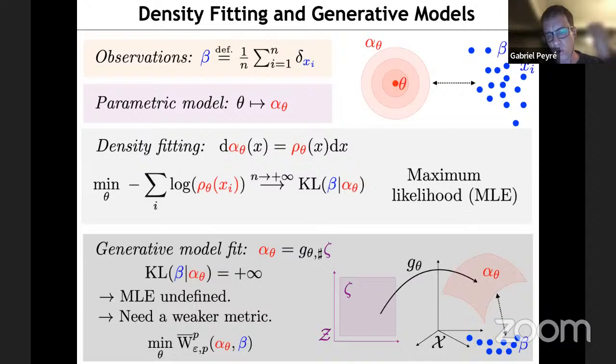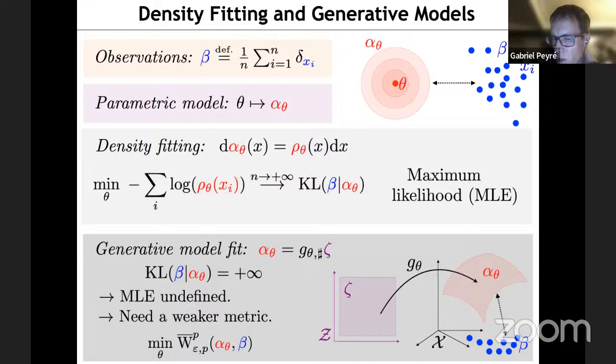And a typical scenario where this hypothesis will fail is in generative modeling. What is generative modeling? It's something very old, but there is a renewal in this idea: you might not want to write explicitly the expression for rho, the density of alpha, but you might want to model your problem simply using an algorithm. And how does this algorithm operate?